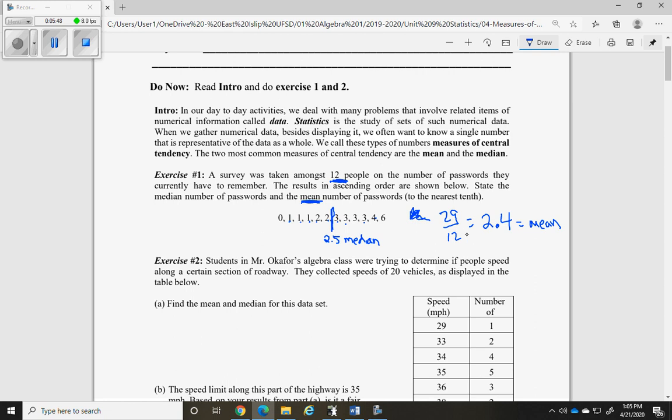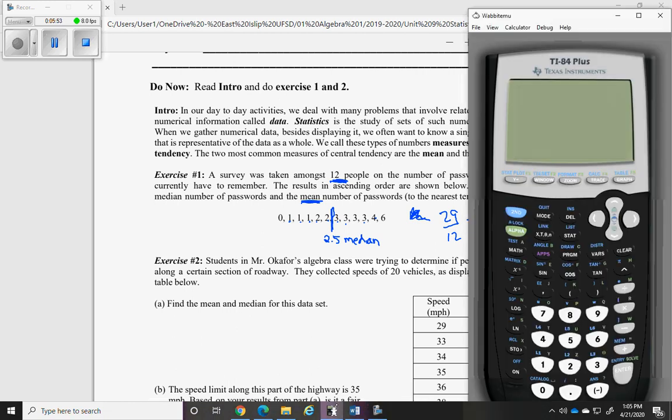I want to show you on your calculator, well actually I showed you the other day, that you can enter your information into stat in your list 1.